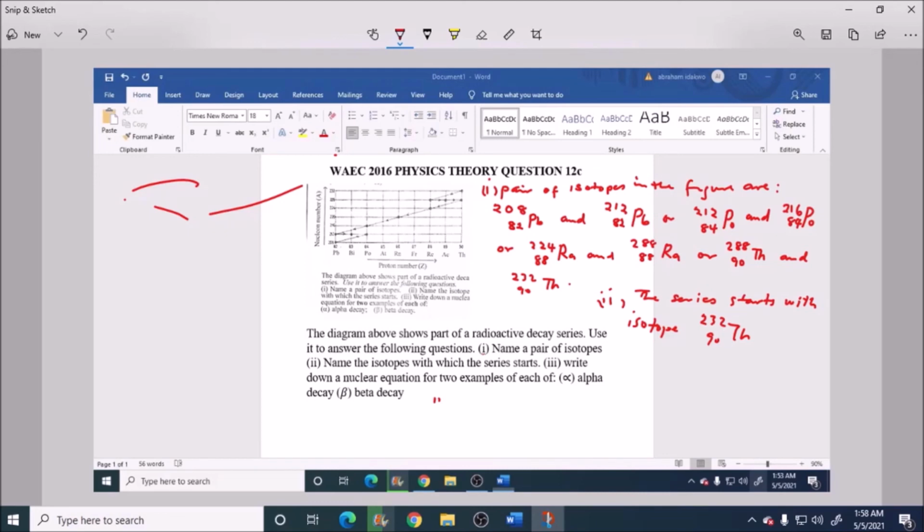So for alpha decay, we have 232, 90 uranium resulting in 228, 88 radium plus alpha particle, helium, plus energy.